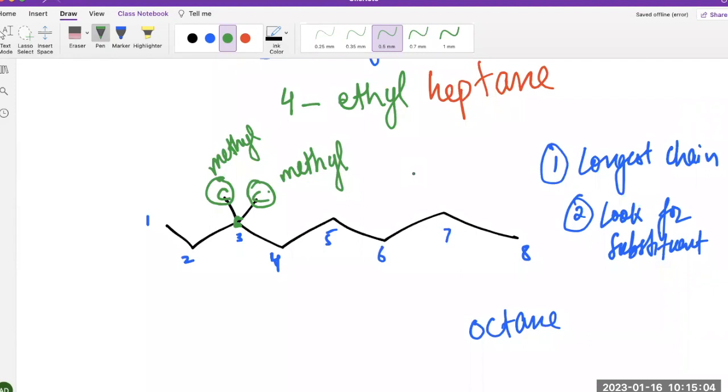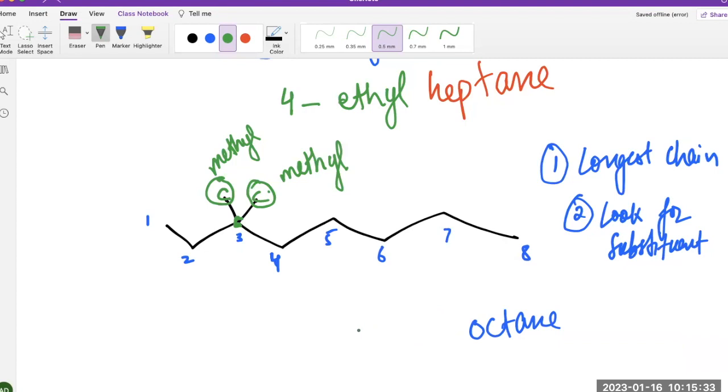Now, whenever you have 2 of the same substituent, you have to put them together in the name. Okay, so the last name octane looks good. For the substituent, we got methyl, but we got 2 of them. Whenever that's the case, we use di to tell us that it's 2 methyls.